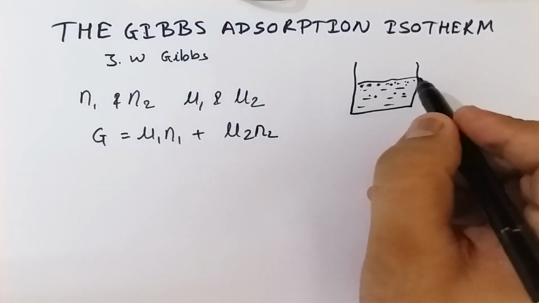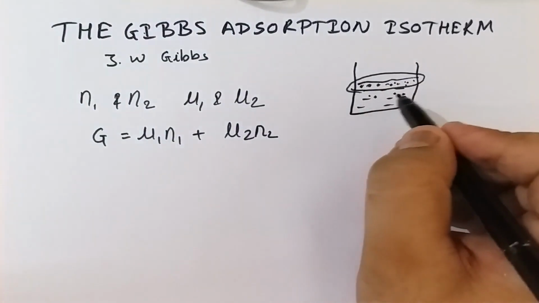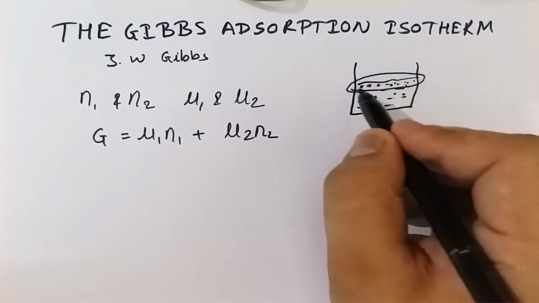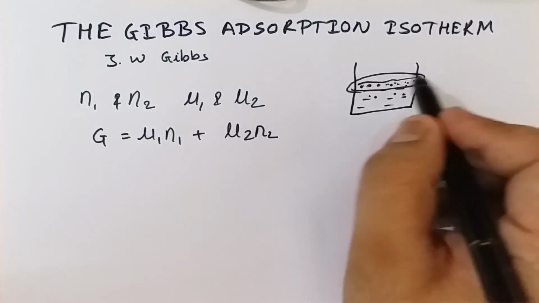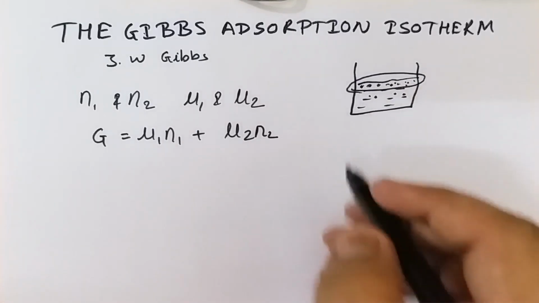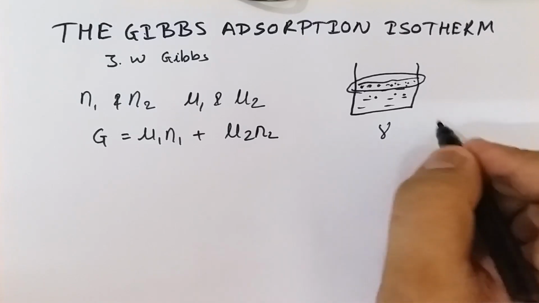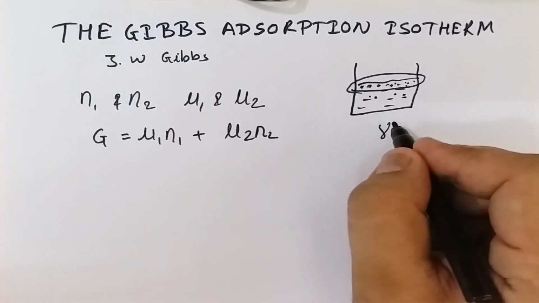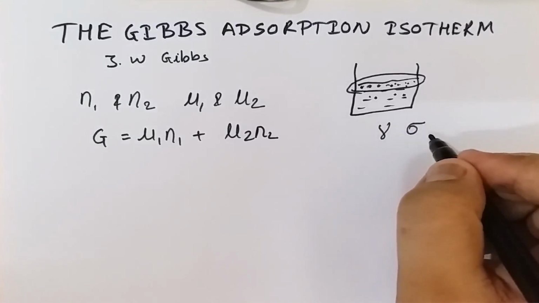Now as we are considering adsorption on the surface, we have to consider the change in the surface free energy, and the surface energy also. Suppose gamma is the surface energy, which is numerically the same as the surface tension, and sigma is the surface area.